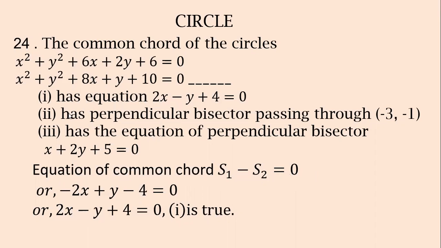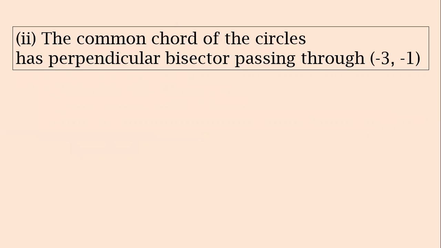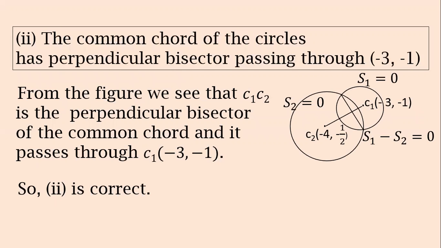Okay, now we have to verify whether the perpendicular bisector passes through (minus 3, minus 1) or not. So let us see the picture. This is our common chord and this is the perpendicular bisector.